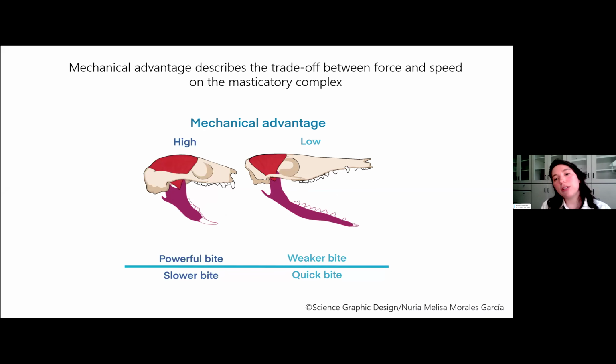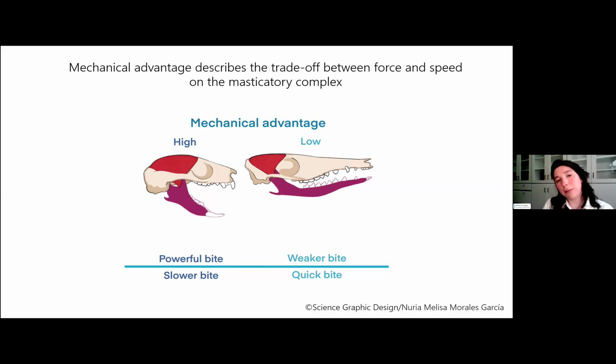Mechanical advantage is a proxy that describes a trade-off between velocity and force, which means that the jaw can be either strong or fast. Our main premise here was that faster jaws, and hence lower mechanical advantages, would be found in predators that need to capture live prey. This would lead to weaker bites, telling us that the species were giving up some more resistant resources, such as seeds and grass, to rely mainly on soft animal meat.